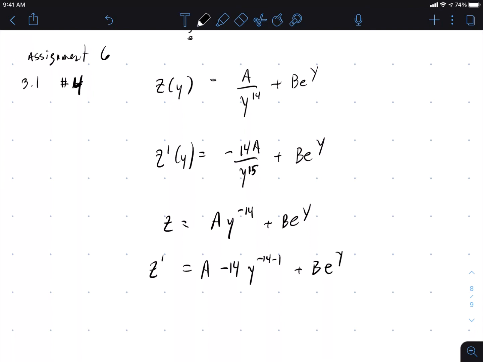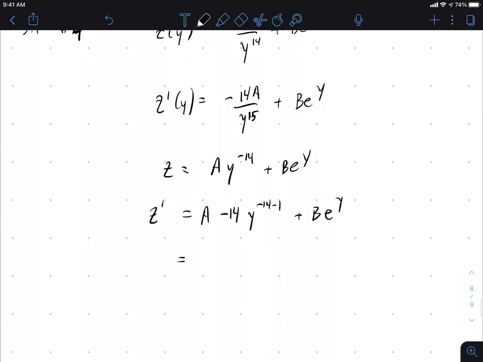So I get e to the y. So when I clean this up, I'm going to get negative 14 y to the negative 15 plus b e to the y, which is negative 14 over y to the 15 plus b e to the y, which is, ooh, I forgot the a. Does that help?